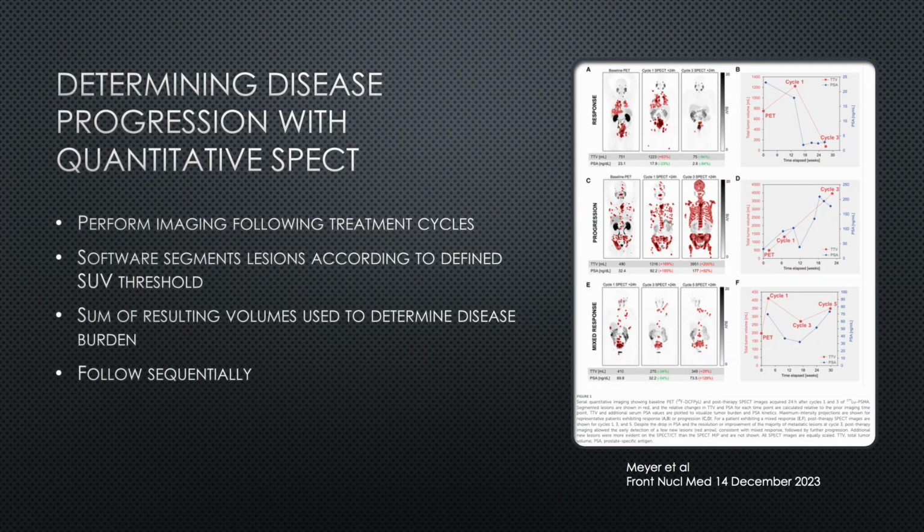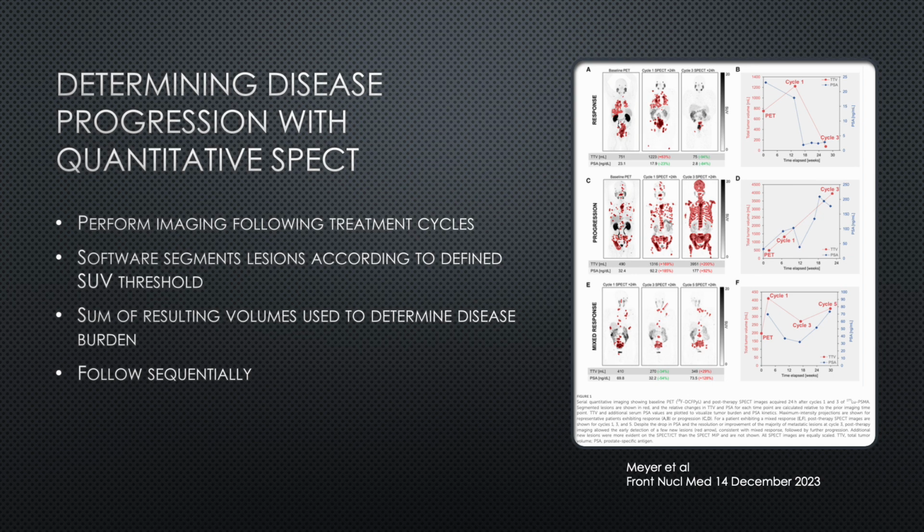I want to give an example of how quantitative SPECT can be used to determine disease progression. I'm referring to a paper from Meyer et al. in 2023. What they did is they performed imaging following various treatment cycles of their radioligand therapy.